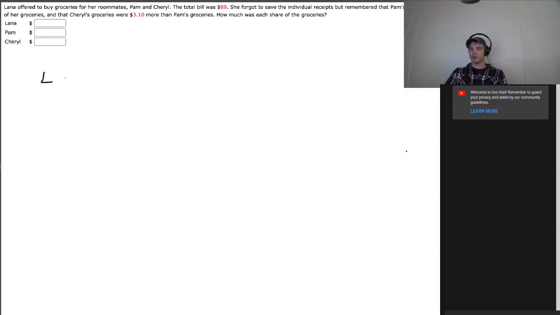So the total, L plus P plus C, should be equal to $89. And the second sentence says she forgot to save the individual receipts, but remember that Pam's groceries, let me write this up over here on the side, were 5 cents cheaper than half of hers.